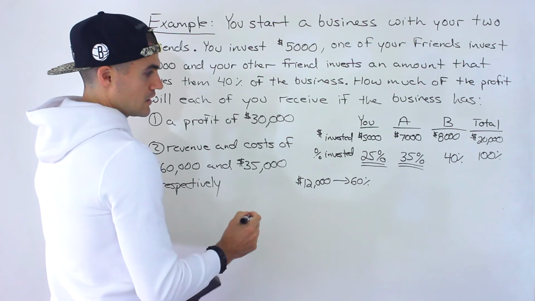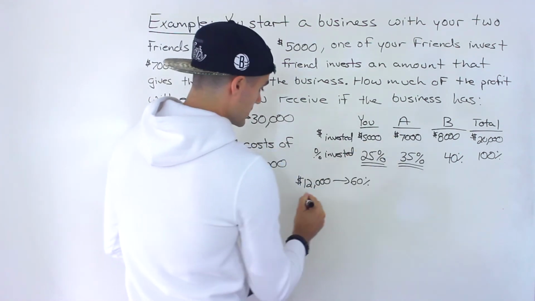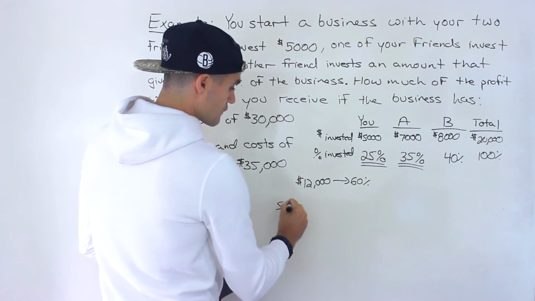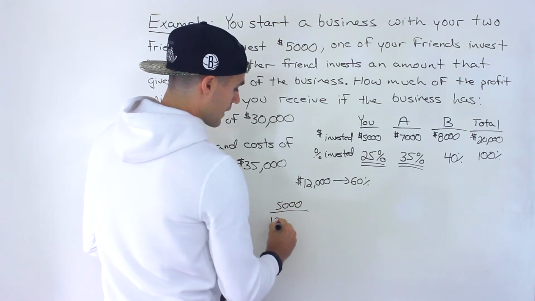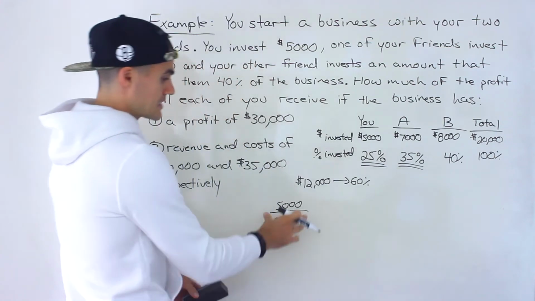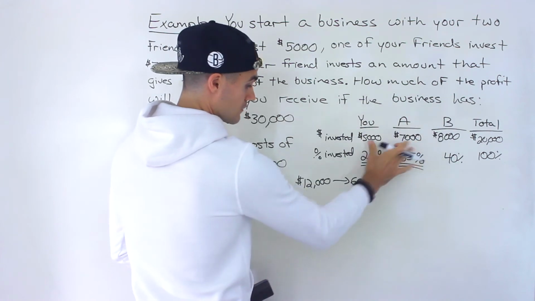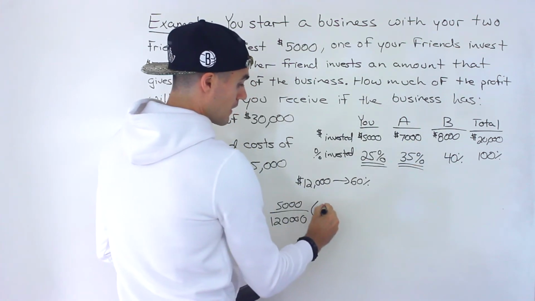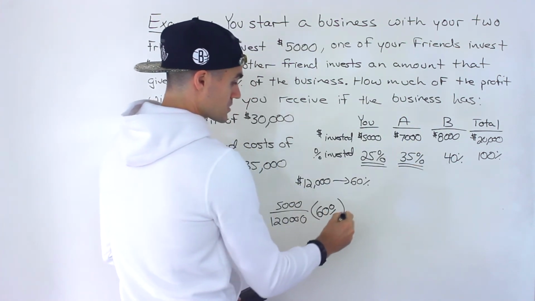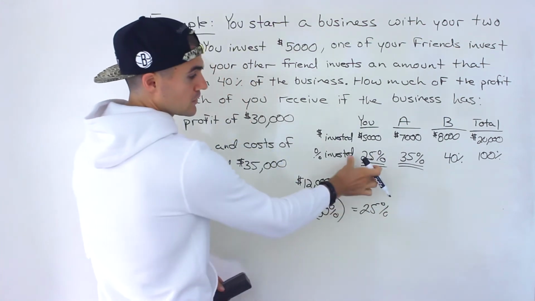So what we could have done is just figure out the proportions of that 12,000 between you and friend A. So we could have done 5,000 over 12,000. That's how much you would own of the 12,000, not of the business, and then you would multiply that by 60%, and that would give you 25%. So we could have got this directly.